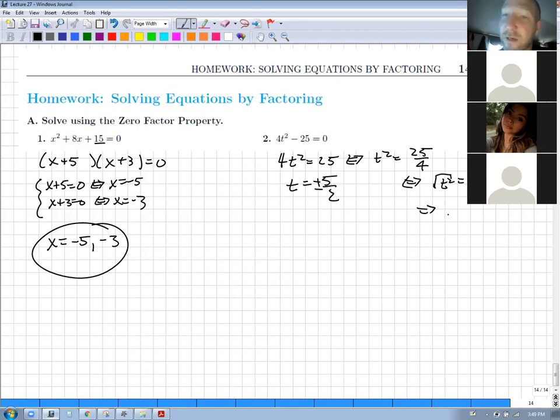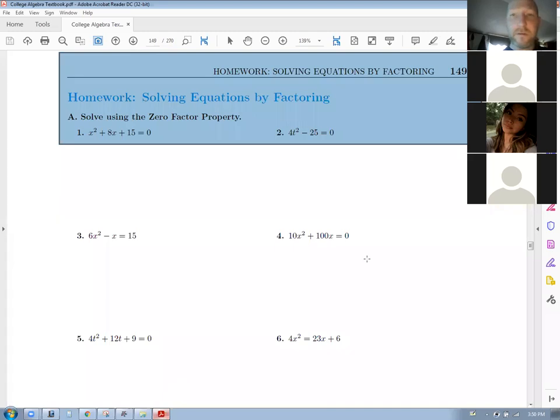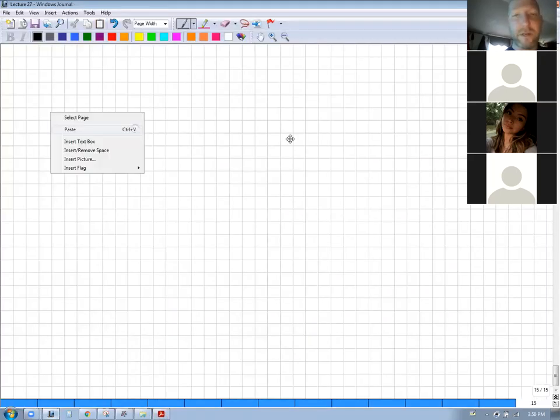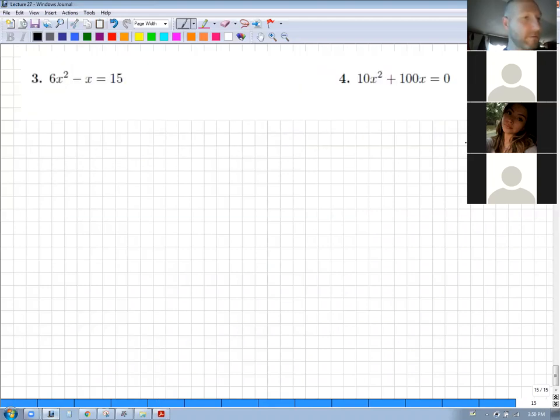The absolute value of t equals 5 halves. So t equals plus or minus 5 halves. That would be showing all the steps. All right, on the final, just show as much work as you can, as many steps as you can, even if it's simple.